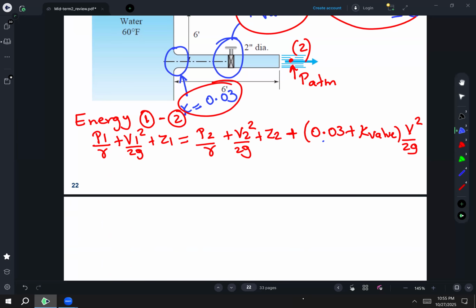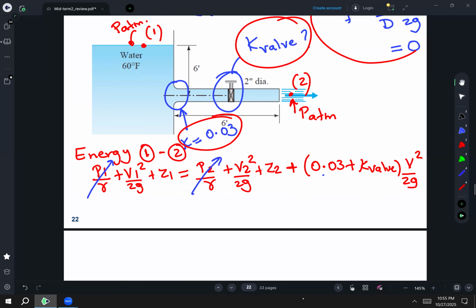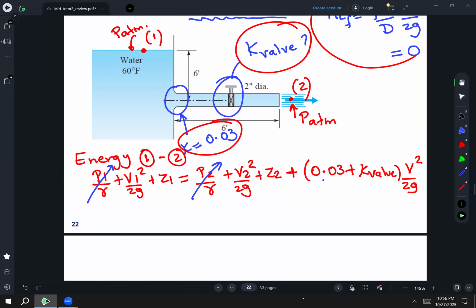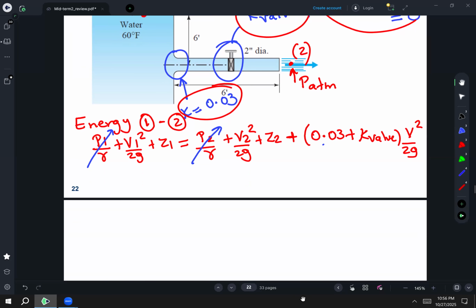Okay, so the pressure in 1 and the pressure in 2 will be equal to 0 because they are atmospheric and they can cancel each other. The velocity in 1 will be equal to 0 because we have a reservoir. So we assume a large reservoir, therefore the velocity on the free surface will be 0 or close to 0.